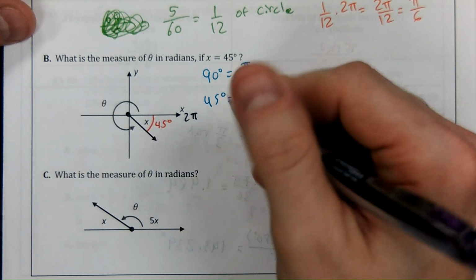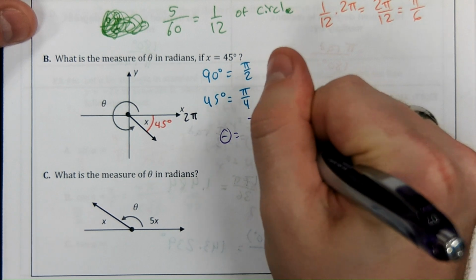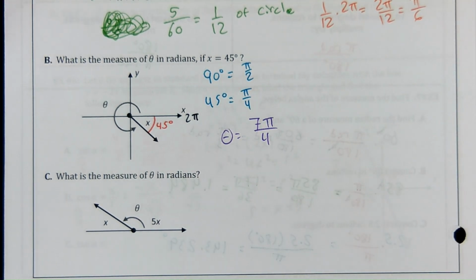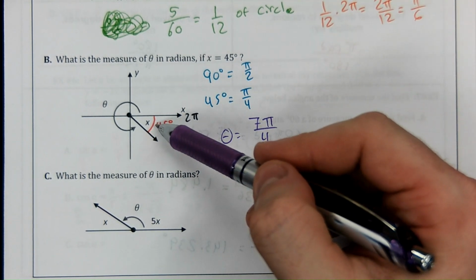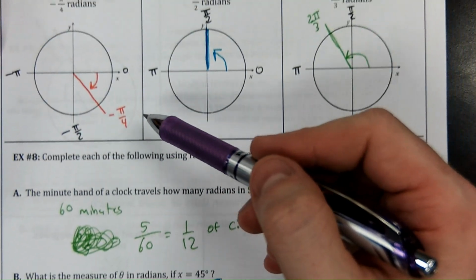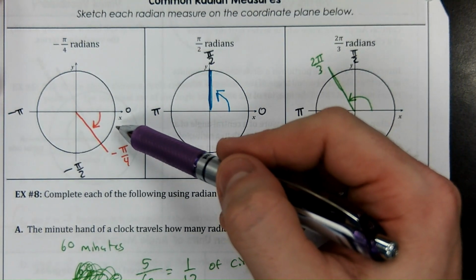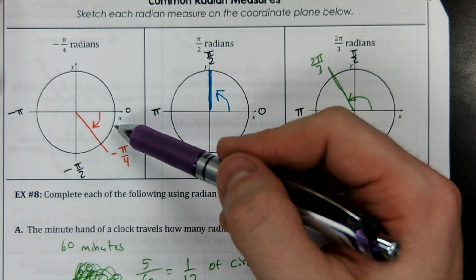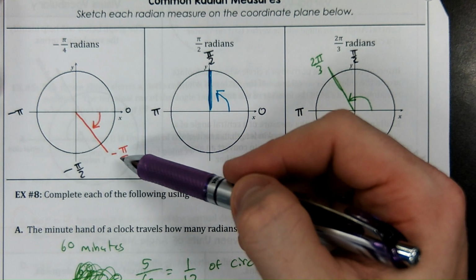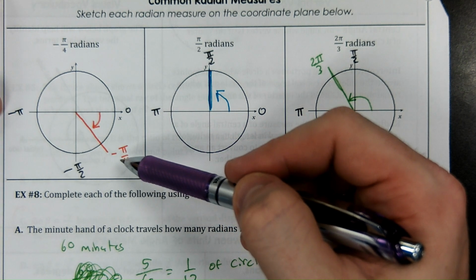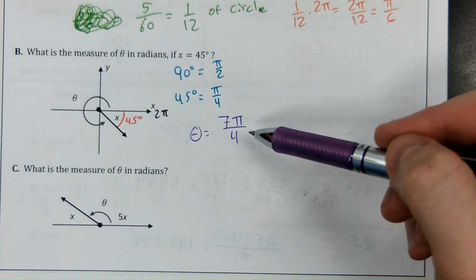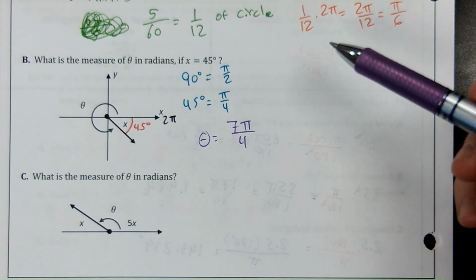So this theta is 7 of those pi over 4s. Oh, by the way, this angle right here is also negative pi over 4. And what is 2 pi plus negative pi over 4? Well, that's the same thing as 2 pi minus pi over 4. Oh, it's 7 pi over 4. Okay?